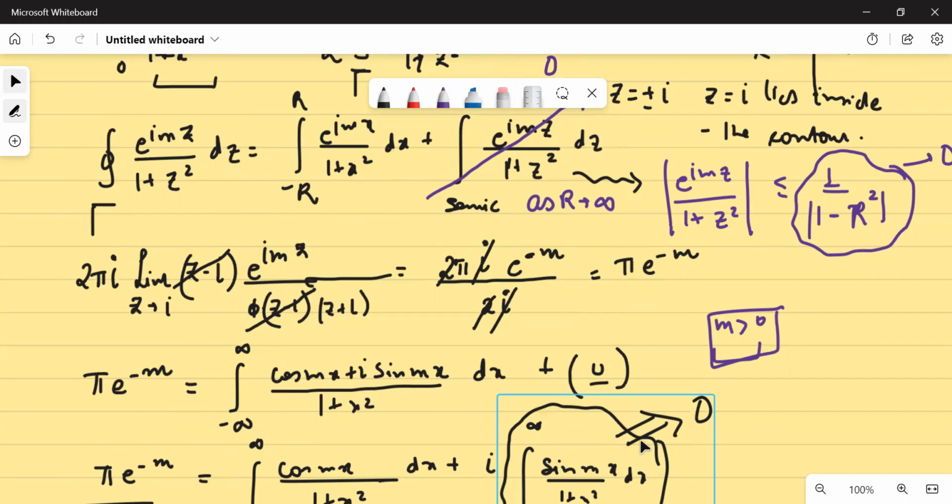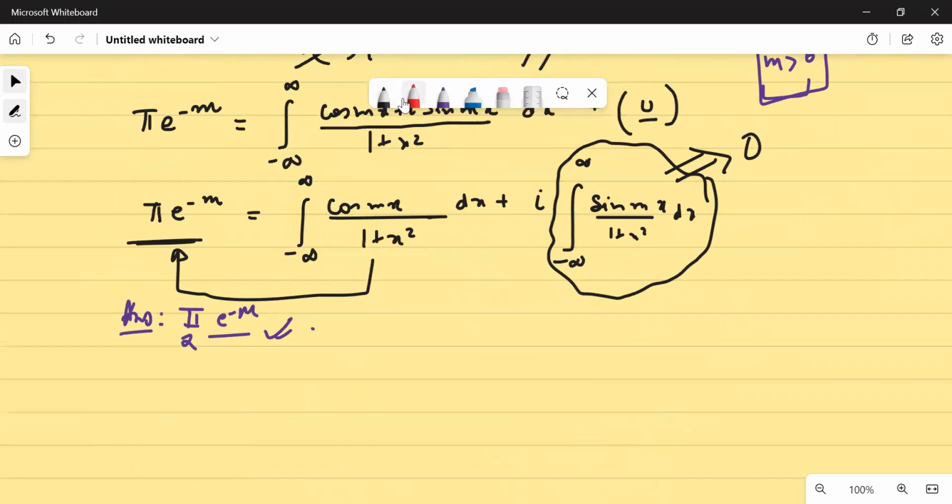Yes, sir. Okay, one question I'm leaving for you as homework, not more. But you have to do a lot of practice for such questions, because without practice, you won't be able to do it right in the examination. So x into sine pi x upon x square plus 2x plus 5 dx.